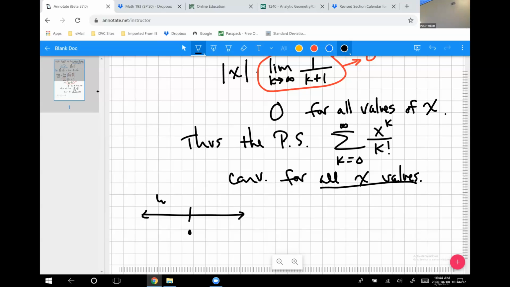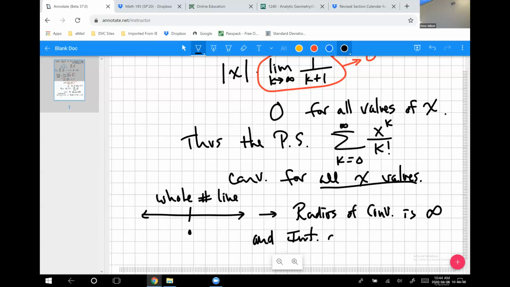So a whole number line here. So we conclude that the radius of convergence is infinite, and the interval of convergence would be the interval of the whole real numbers, which is negative infinity to positive infinity.